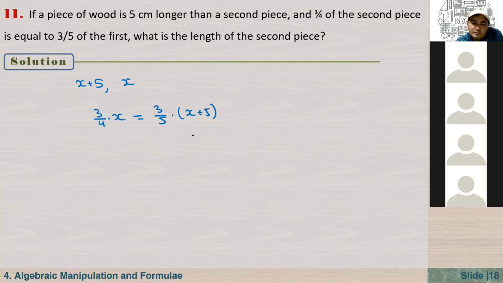What is the length of the second piece? So we need to find x. Now, if you cross multiply, this 3 is immediately gone, and here we have 5x equals, and 4 goes here, 4x plus 20. So x is equal to 20.